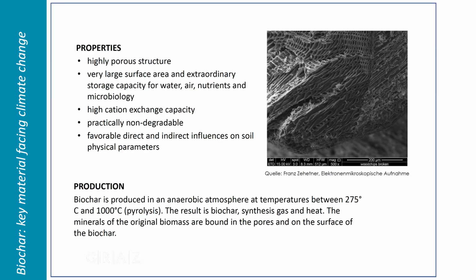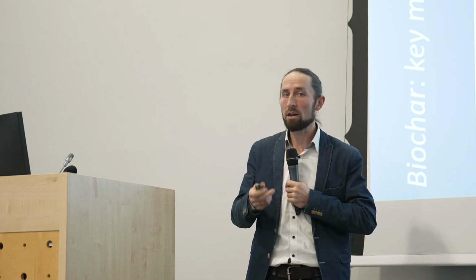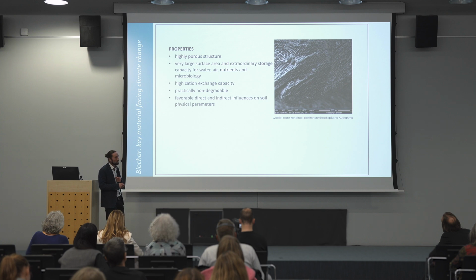It's kind of a really, really fine sponge. And this sponge has an incredibly large surface and extraordinary storage capacity for nutrients, water, air, and microbiology. And biochar, unlike compost, is not degradable in the soil.